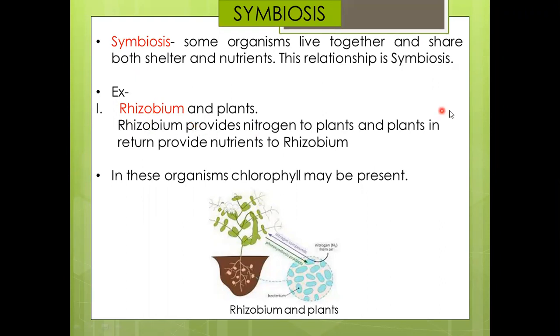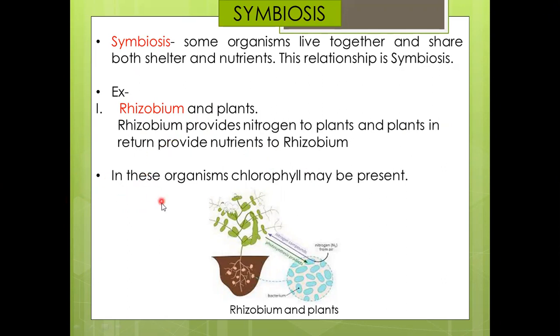Rhizobium provides nitrogen to plants and plants in return provide nutrients to rhizobium. Do you know what rhizobium is? Rhizobium is a bacteria which converts atmospheric nitrogen into consumable form. We are going to learn about this in the next slides. I'm going to explain it to you afterwards.